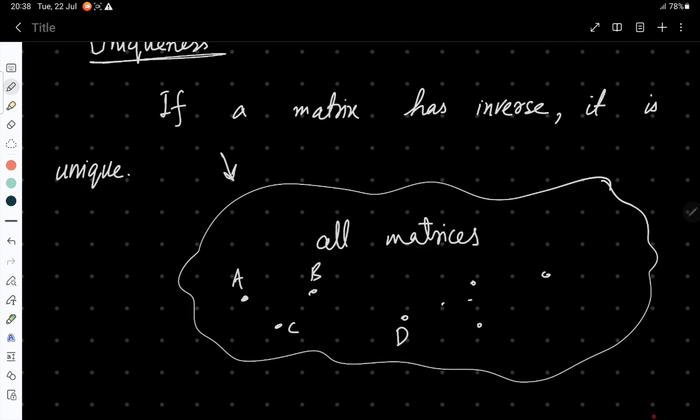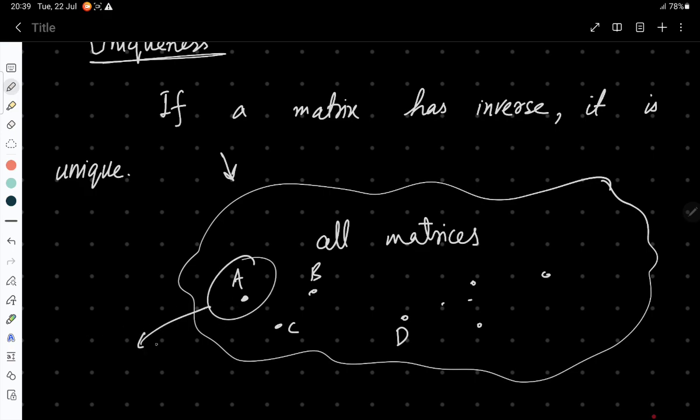Out of these matrices, some will have an inverse and some will have no inverse. Those matrices that have an inverse are special.